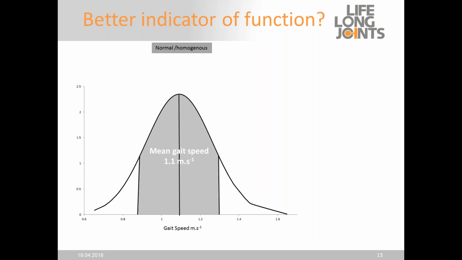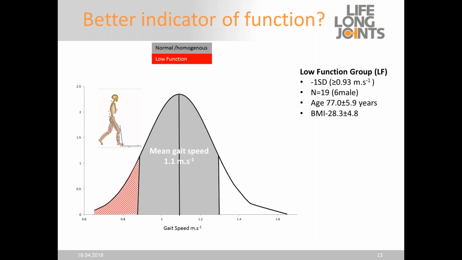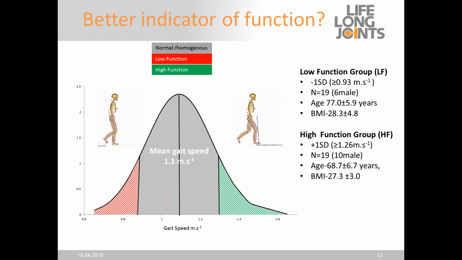We looked at the mean gait speed for our total patient cohort, which was 1.1 meters per second, and we drew a normal distribution graph. We classified everyone within 1 standard deviation of our mean gait speed as our normal or homogeneous total hip replacement patients. Patients less than 1 standard deviation from our mean we classified as low functioning, and those higher than 1 standard deviation from our mean we classed as high functioning.